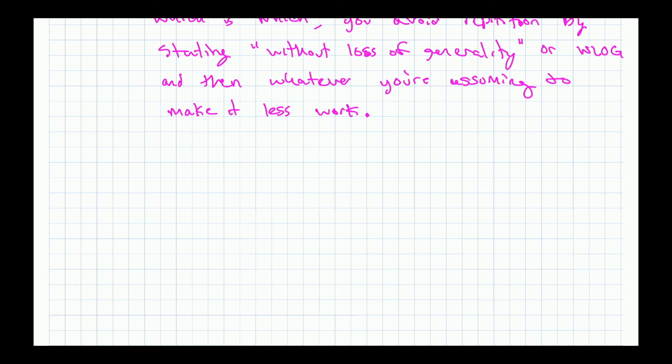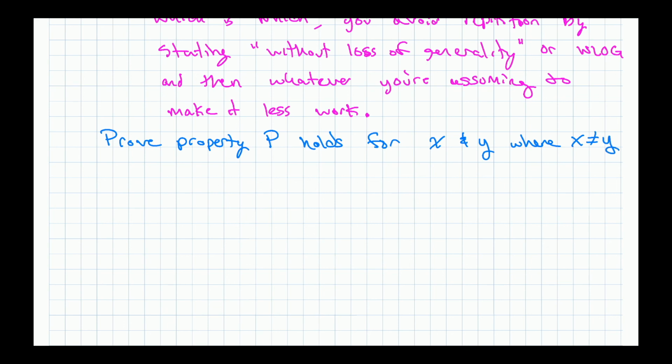But say you had to prove property P holds for X and Y, where X is not equal to Y. Let's say that's a proof you're trying to do. This is just an example; we don't know what property P is, so it's not actually a thing we're going to prove. But let's say I have a property I want to hold for X and Y, and X is not equal to Y.